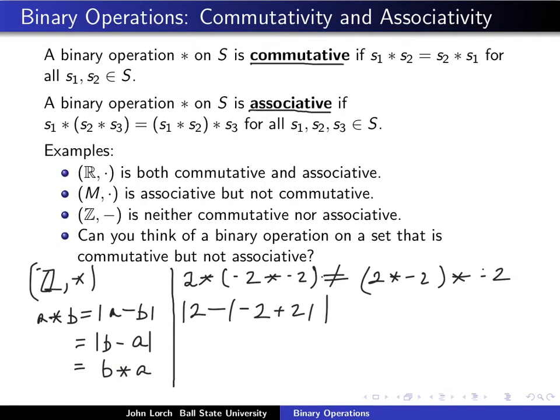Whereas on the right, we're taking an absolute value of the absolute value of 2 minus 2, which would be 2 plus 2. And then minus 2.